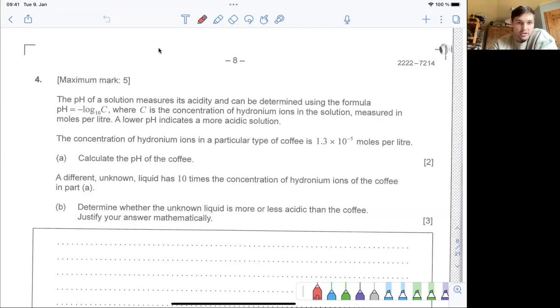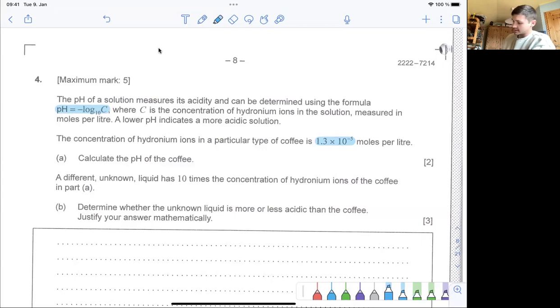Okay, concentration of hydronium ions in a particular type of coffee is 1.3 times 10 to the power of -5 moles per liter. Right, before we crack on, let's highlight our important info. So that pH formula is going to be helpful, and specifically the number 1.3, the concentration of hydronium ions in a particular type of coffee.